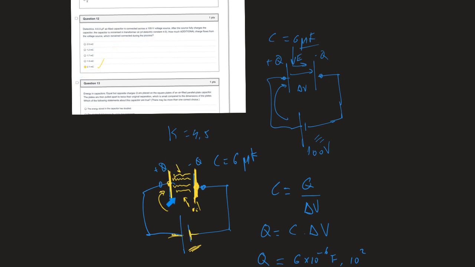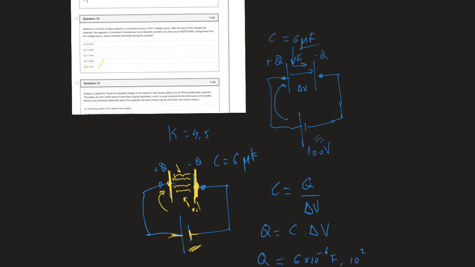If you maintain the potential fixed here, the new charge will have to be increased in a way that the electrical field inside makes it possible that E by D will be the difference in potential. I did this problem in one of the modules.